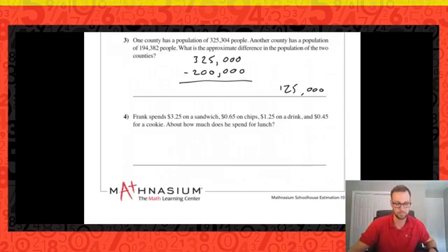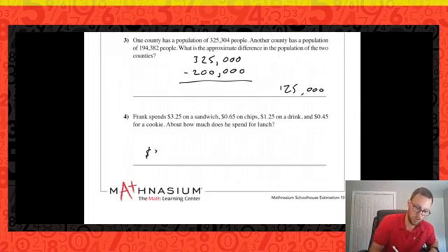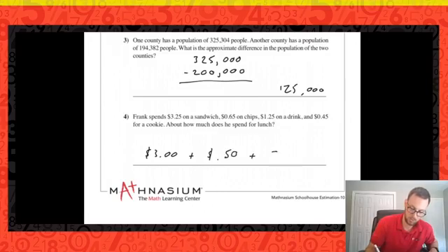Nice job. All right, if Frank spent $3.25 on a sandwich, 65 cents on chips, $1.25 on a drink, and 45 cents on a cookie, about how much did he spend for lunch? So his sandwich was about $3. His chips were about 50 cents. His drink was about $1.